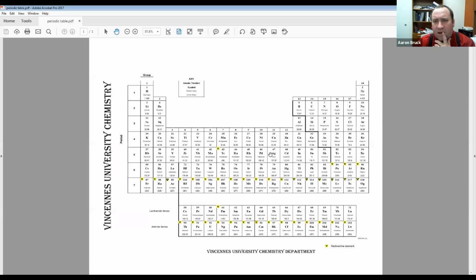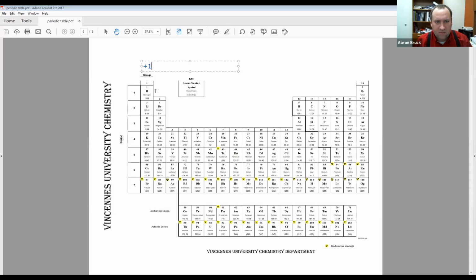If this is my periodic table, I should be able to, based on position, predict charges on the table. And we kind of went through this at the end of lecture on Friday.